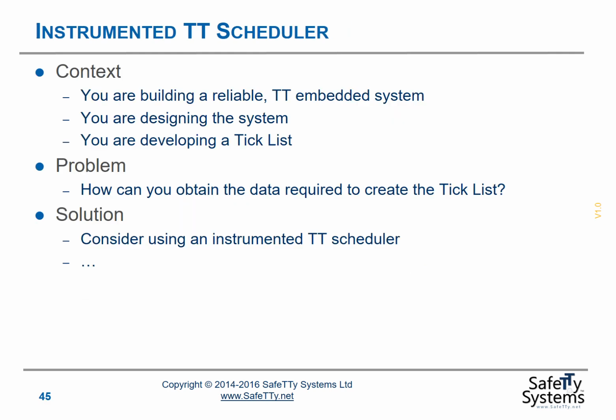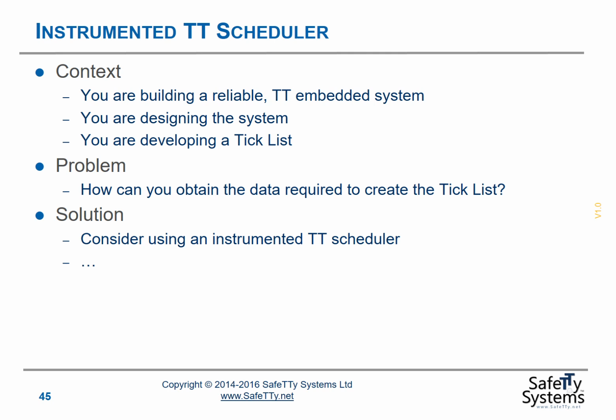Another way of doing this is to use an instrumented TT scheduler. That can be a very effective way of making these kinds of timing measurements, and you'll find information about this in Appendix 7 in the ERES2 book.